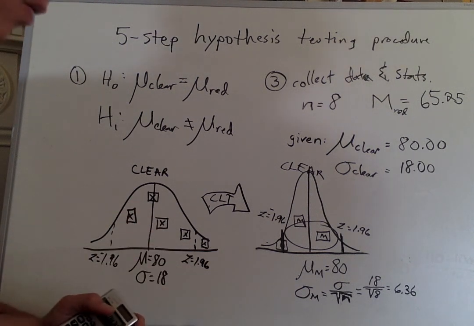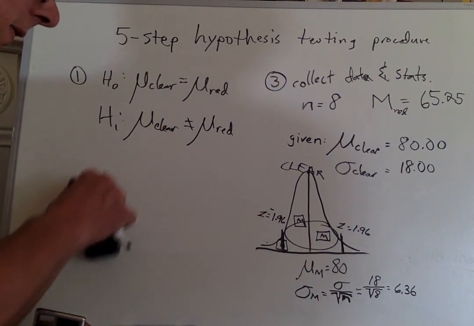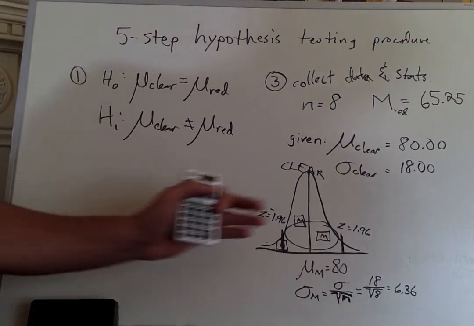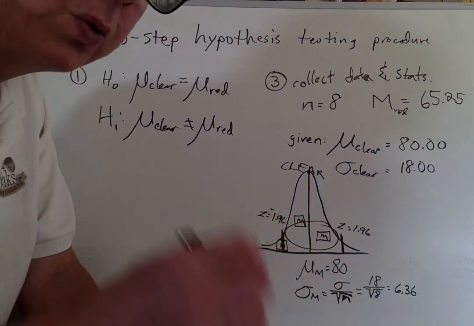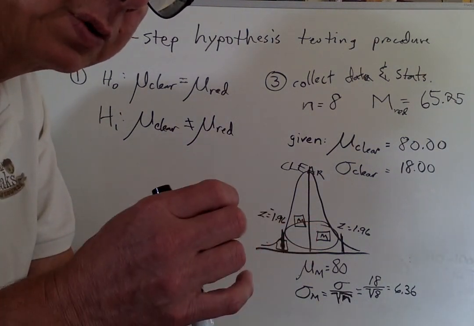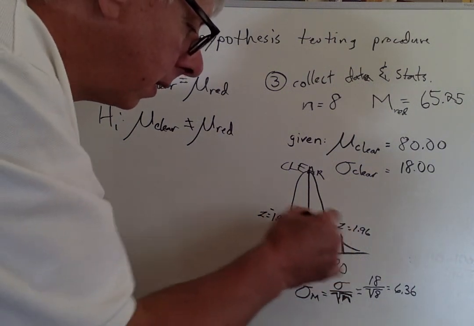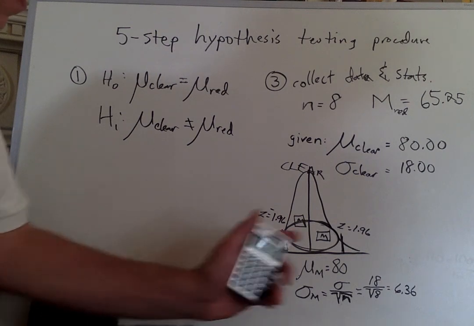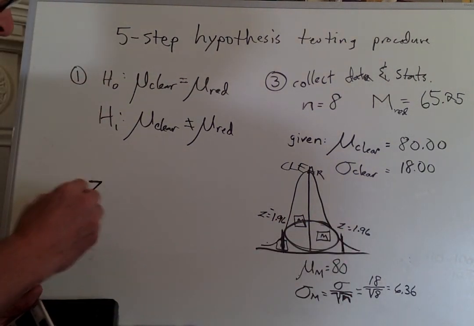All right, now we have to do the statistic. Let me erase this here. This is what clear groups look like. I want to know if the red food coloring group looks like a clear group. If they're in here, they look like a clear group. If they're out there, they don't. So here's what we're going to do. We're going to do our z-score.